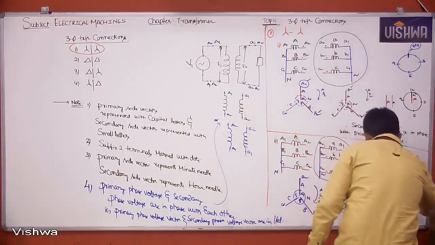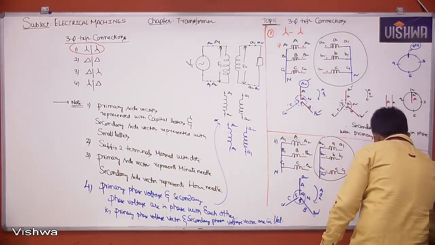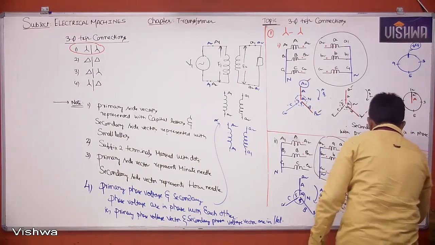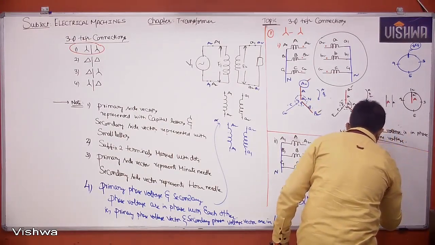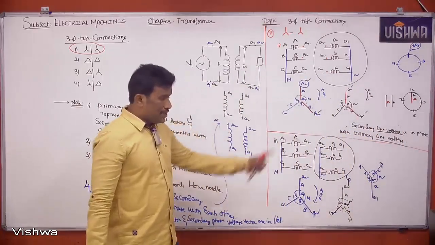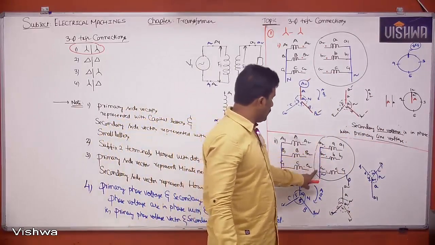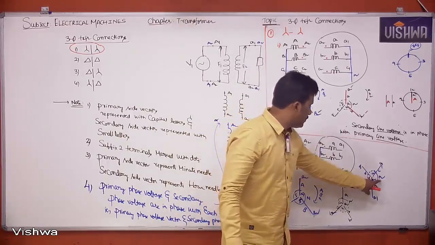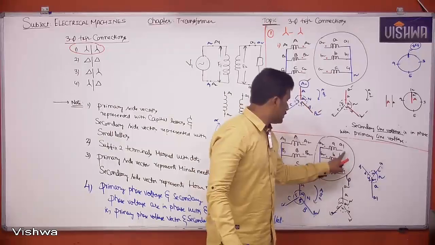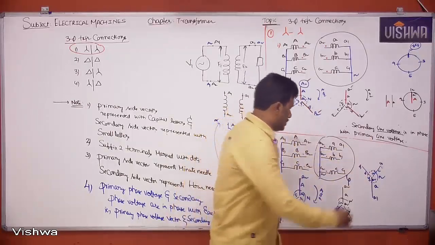Therefore, this is small c. These A2, B2, C2 start with neutral N. Now you can check. Yes, A2, B2, C2 start with neutral, and A1, B1, C1 are free terminals. This is correct.